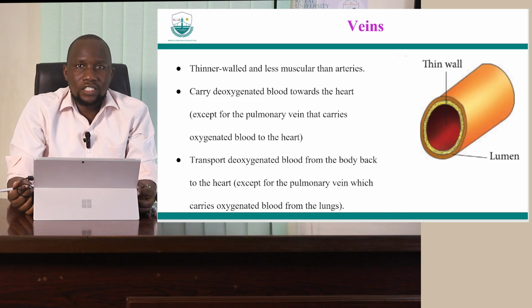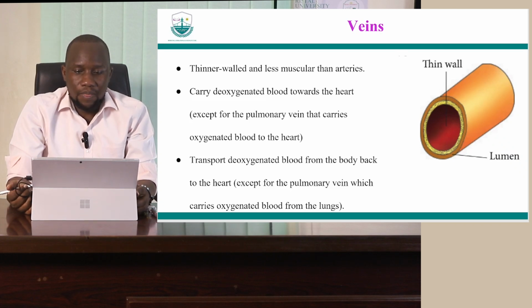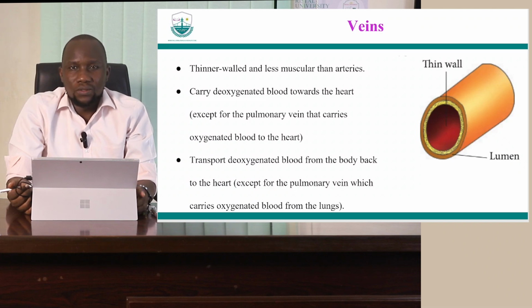So the next type of blood vessels that we are going to look at are the veins. The veins are thin in comparison to the arteries, and the lumen is wider. This therefore means that the pressure in the veins is less compared to the pressure in the arteries.